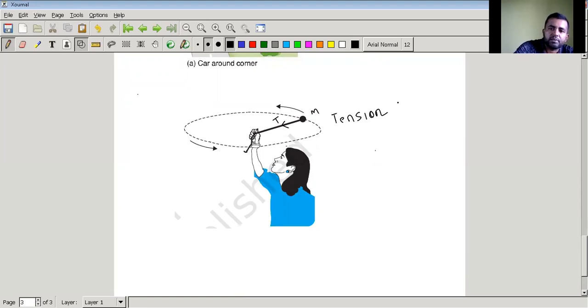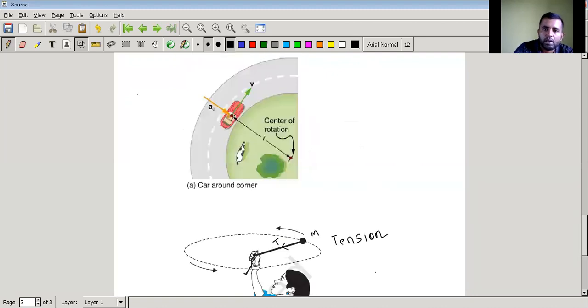Now, last example. You can see here that there is a car. It's going to take a turn. We can imagine this to be part of a circle. If it is going in a circle, we know that its acceleration will be toward the center. So there must be a force in this direction, which we are calling centripetal force.